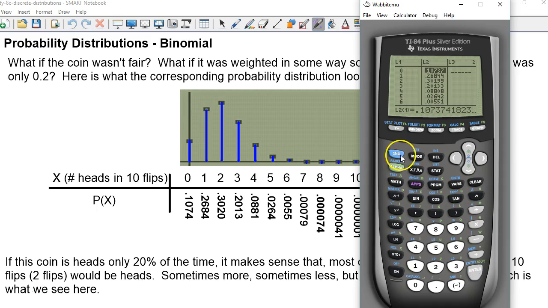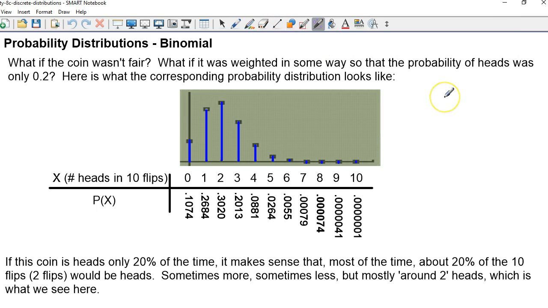And then when we populate that, say second mode, and then the statistics menu plot is already set up, so we don't have to reset it up. We can just say zoom 9 again and get this distribution. So here's the likelihood if the coin isn't fair, where it only has heads 20% of the time. So now the bulge is kind of the most likely value is 20% of the 10, or 2, and then 1 and 3 are pretty likely, 0 and 4 are pretty likely, but 5, 6, 7, 8, 9, and 10 are very unlikely, because we're very far away from the typical value of 2.